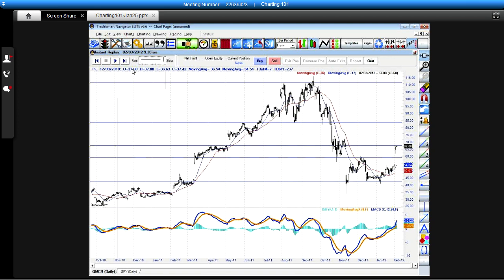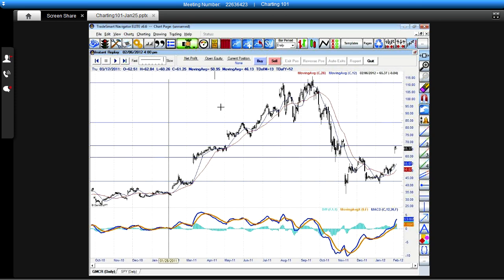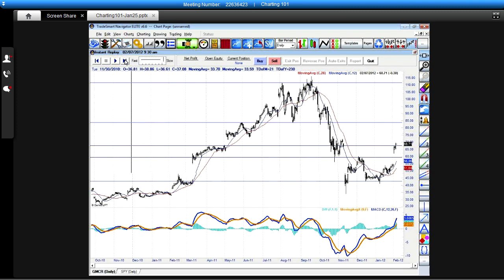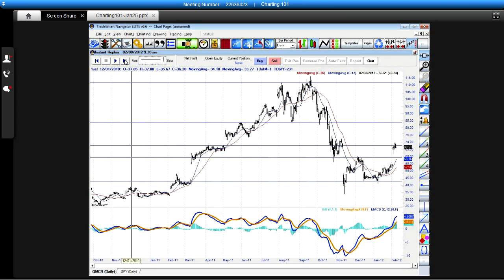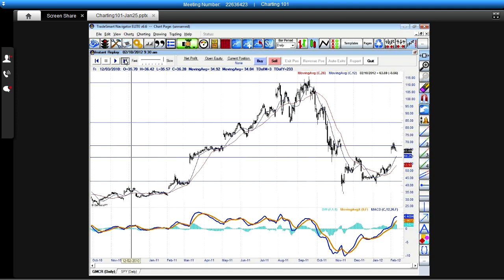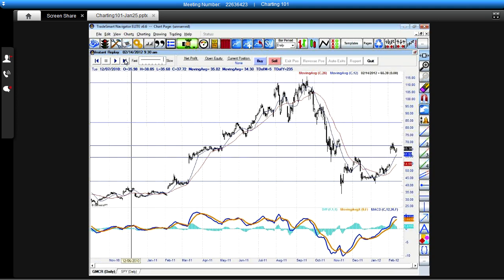Oh, that just jumped up, but now it's at a resistance zone. Now it just broke through. So now I'm ready. Maybe if the next candle goes above that, I'll buy. Oh, boy, it didn't. So then it did. It failed the support zone.